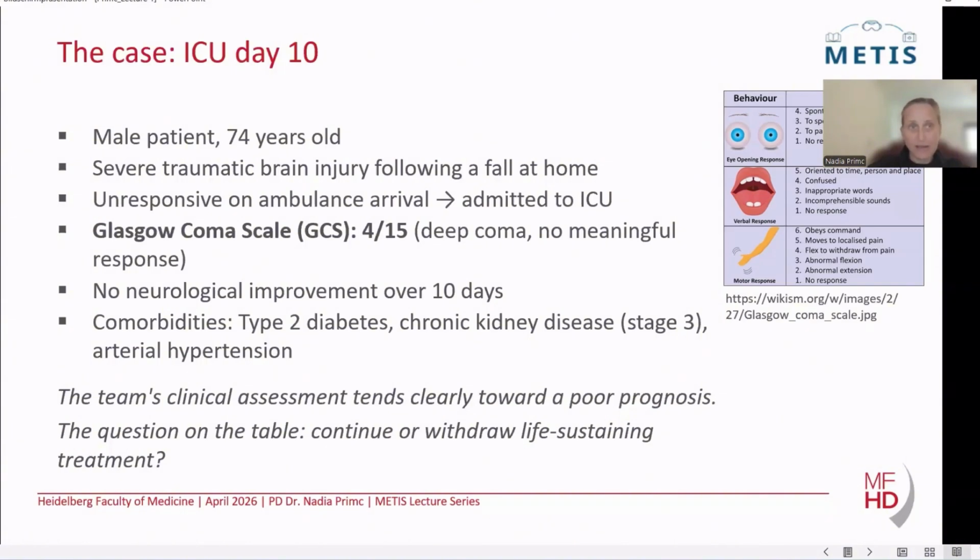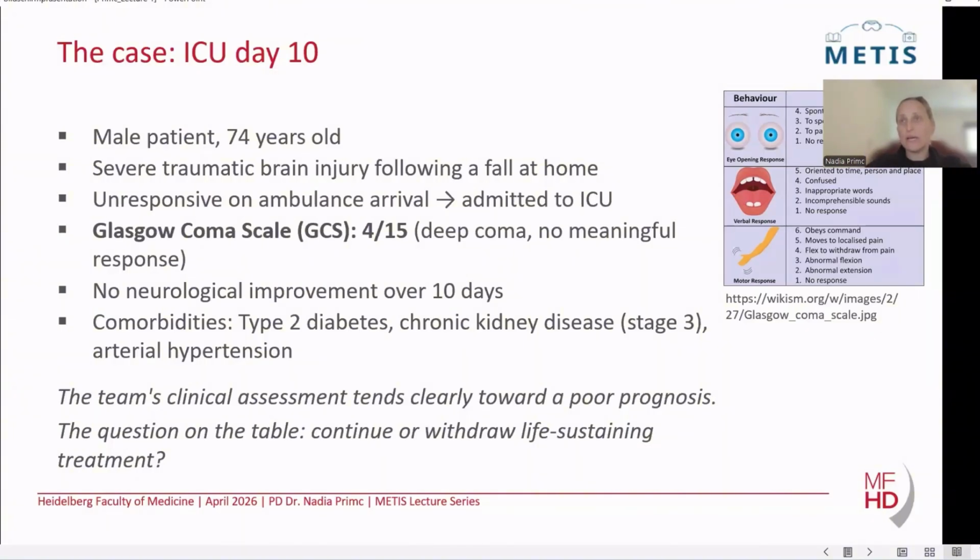10 days have passed since his admittance to the ICU. His Glasgow Coma Scale score, that is a sort of a standard clinical measure for consciousness, has been 4 throughout these 10 days in the ICU.